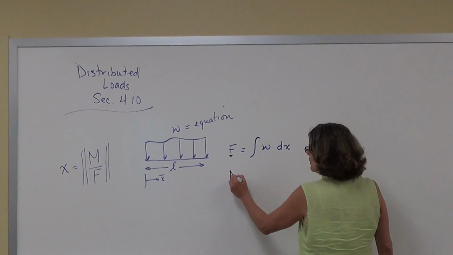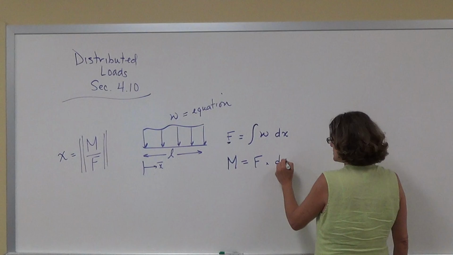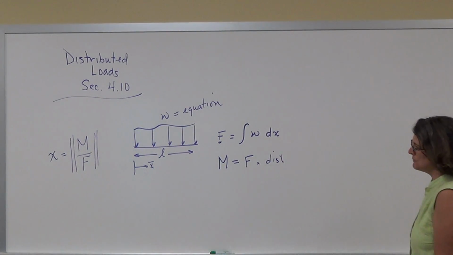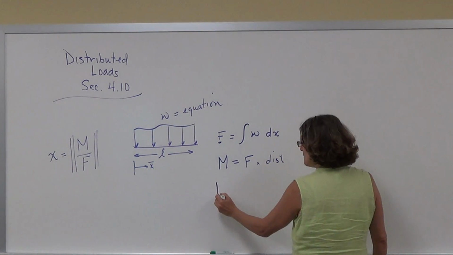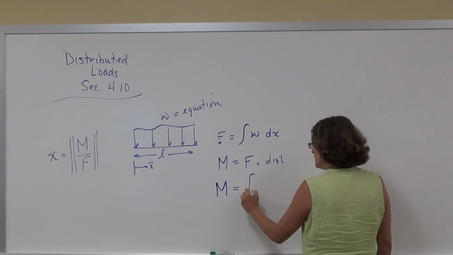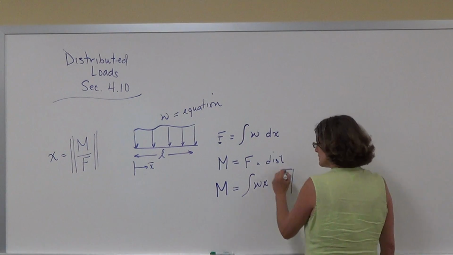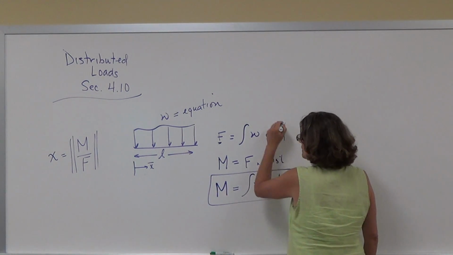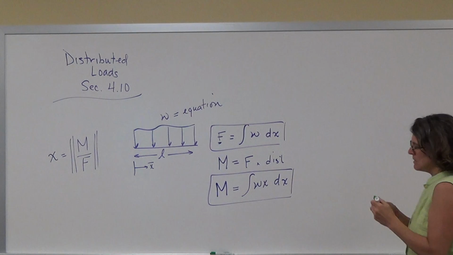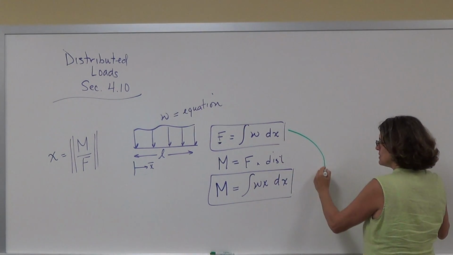And what do we know about moments? Moments are forces times distances. If it's forces times distances, doesn't it make sense that the moment, in terms of integration, is the integration of wx dx? So how did I go from this integration of the force to this?